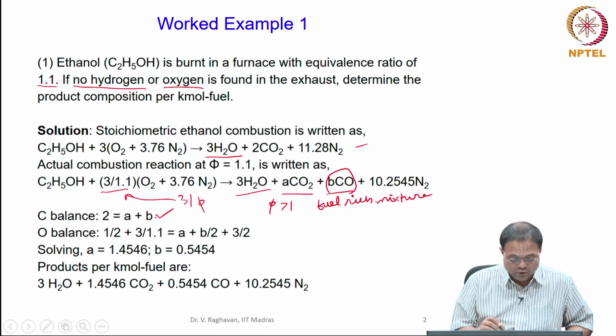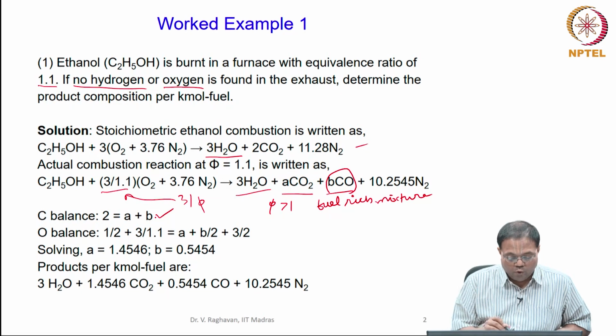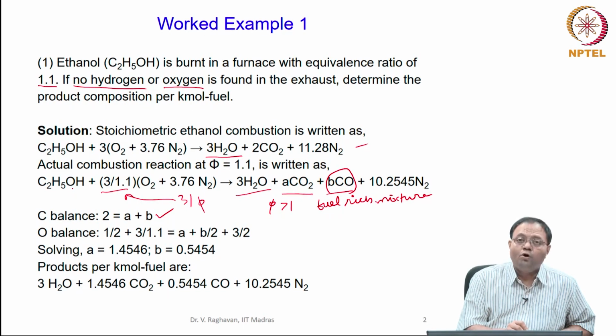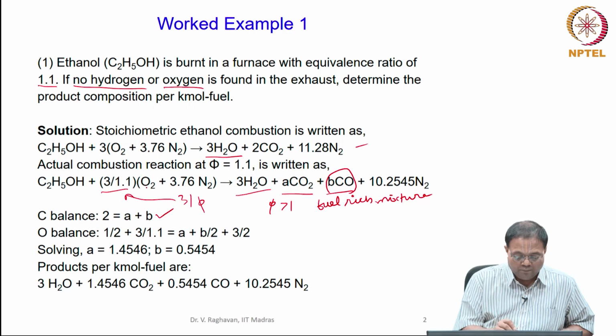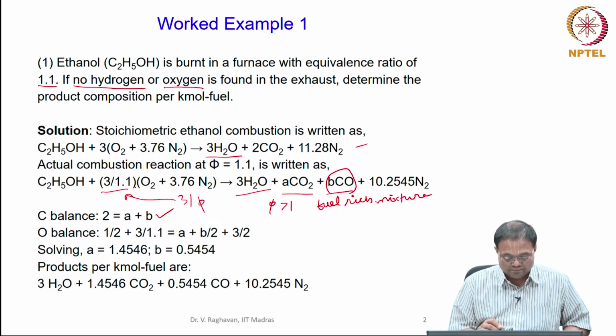So just add them, and you get one equation involving A and B. Similarly, do O balance. In the left hand side, the fuel has half O molecule, plus 3 divided by 1.1 in the oxidizer. So left hand side you have half plus 3 by 1.1 kilomoles of oxygen.